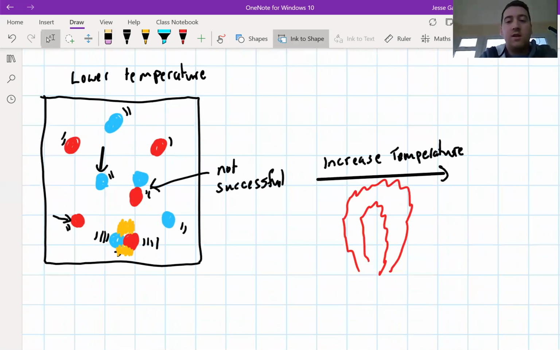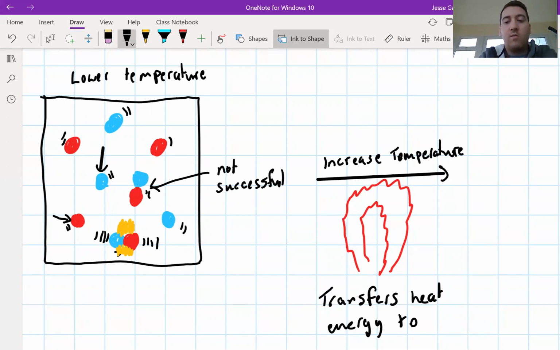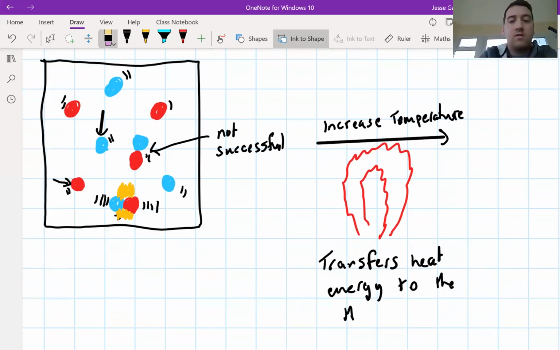What does this do? This transfers heat energy to the particles when we heat it up. This increases the temperature of the particles.